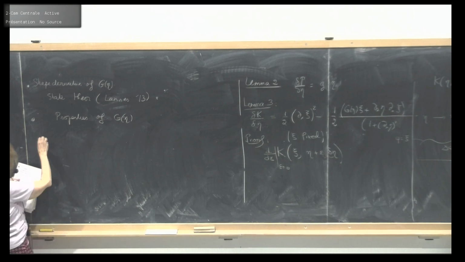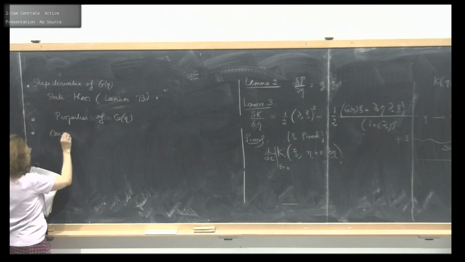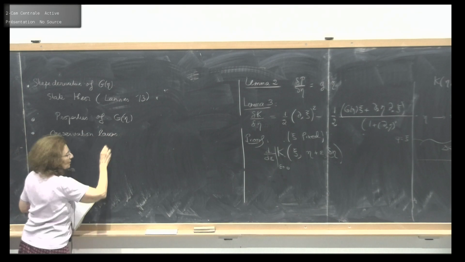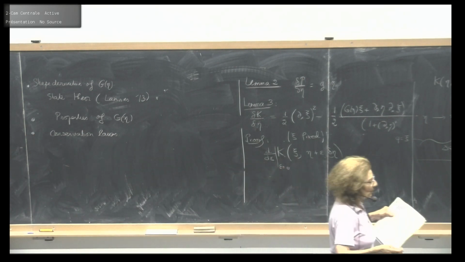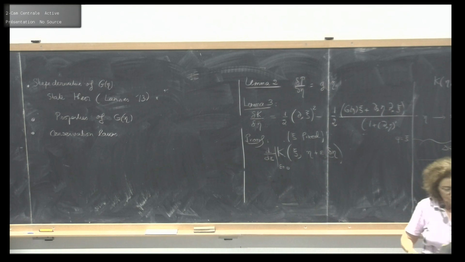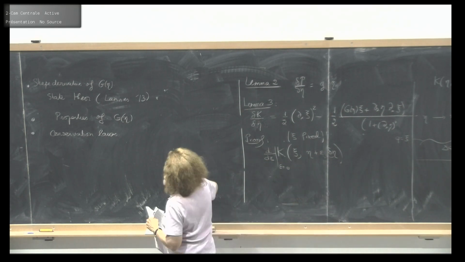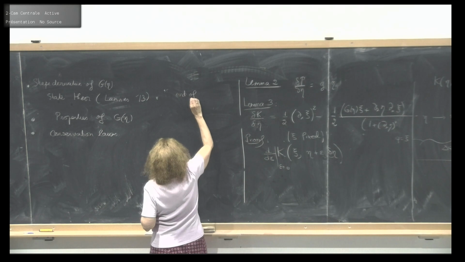And finally, I would like to also discuss the conservation laws, because I told you yesterday that once we have this Hamiltonian framework, we can obtain these conservation laws almost automatically. So this will be essentially the end of chapter 2.